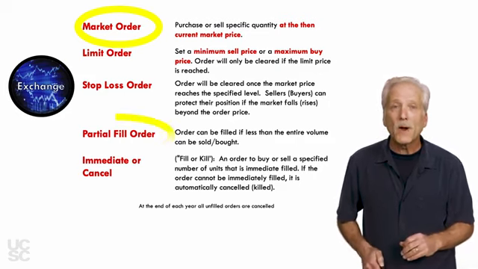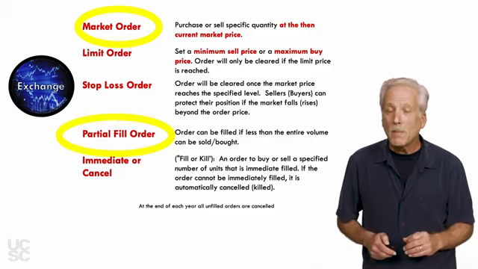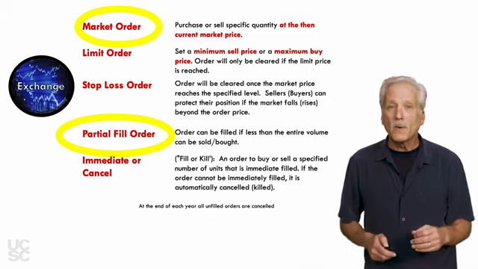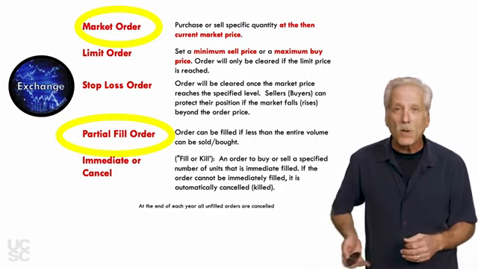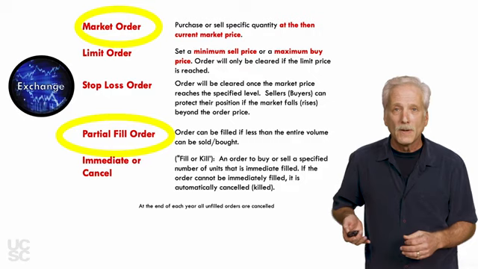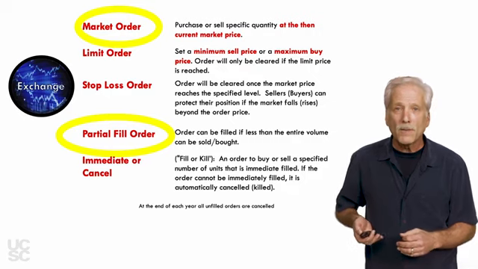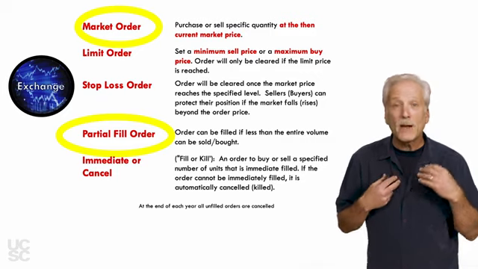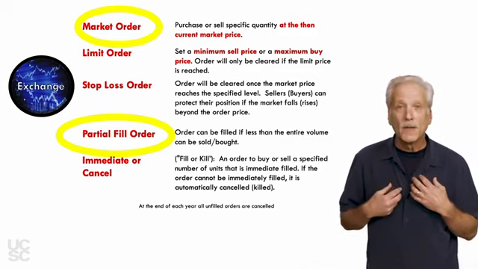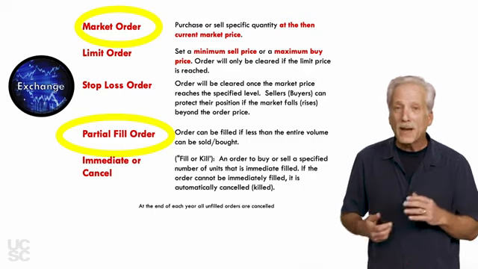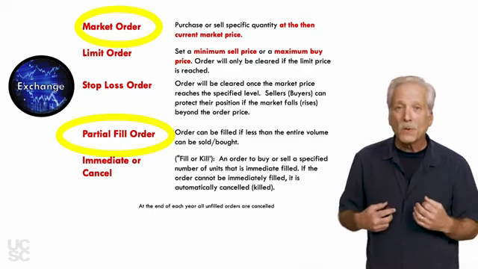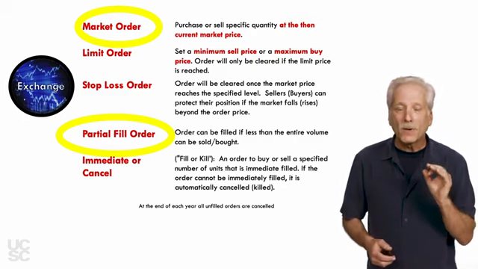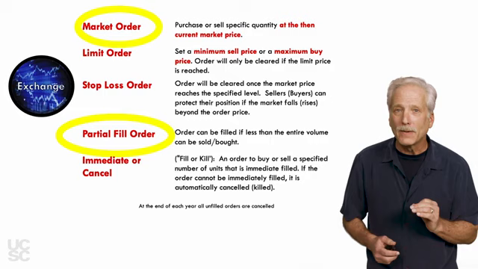If you want to increase the probability that your order is going to get filled, make sure you click partial fill. That means that your order can be filled with a number of different smaller orders from counterparties that offer competitive prices. For example, if I want to buy 10,000 tons, and if I don't click partial fill, the only counterparties that I can be matched with are those who are offering exactly 10,000 tons of the product I want to transact at the price that I want to pay.